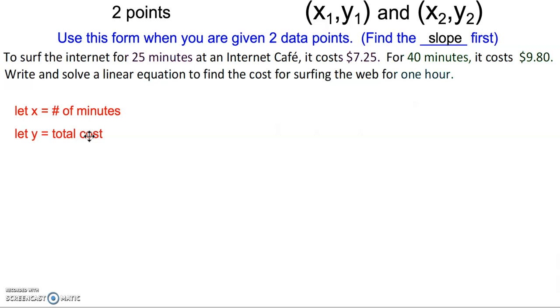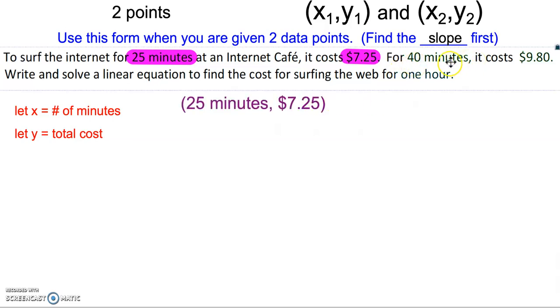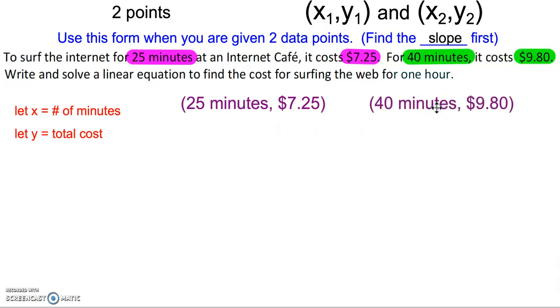Well, if x is the number of minutes and y is the total cost, we actually already have values. We have for 25 minutes, it costs $7.25. So here we have that data point. 25 minutes is $7.25. For 40 minutes, it costs $9.80. So we have that second data point.